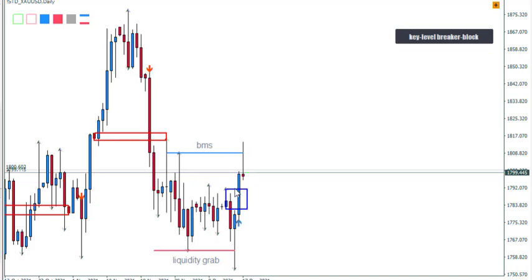So we will place our pending order and stop loss above and below the box. And we will target the supply zone above.